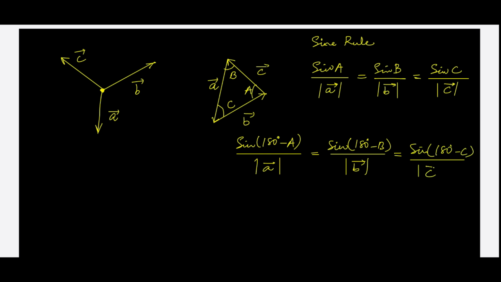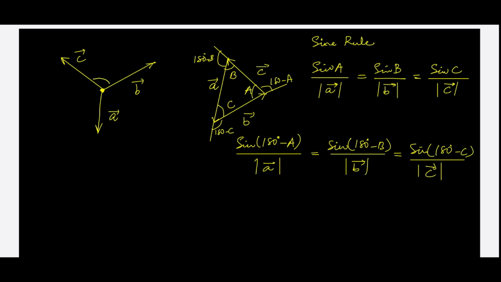Why are we doing this? We'll look at it. Okay, so this angle, what is 180 minus B? This is 180 degrees minus B. What is 180 degrees minus C? If you extend this line, this is 180 minus C. And if you extend this line, this is 180 minus A. So this is the angle between B and C. Between B and C, this is the same as this, right?